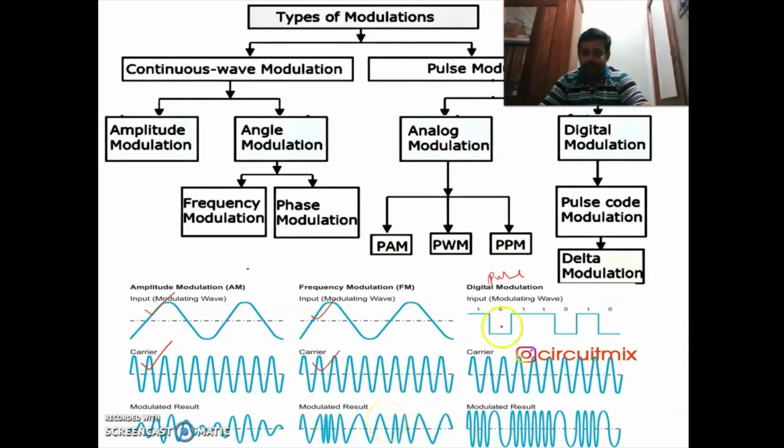In analog pulse modulation, the carrier is a pulse and the modulating signal is an analog signal. These are the types.